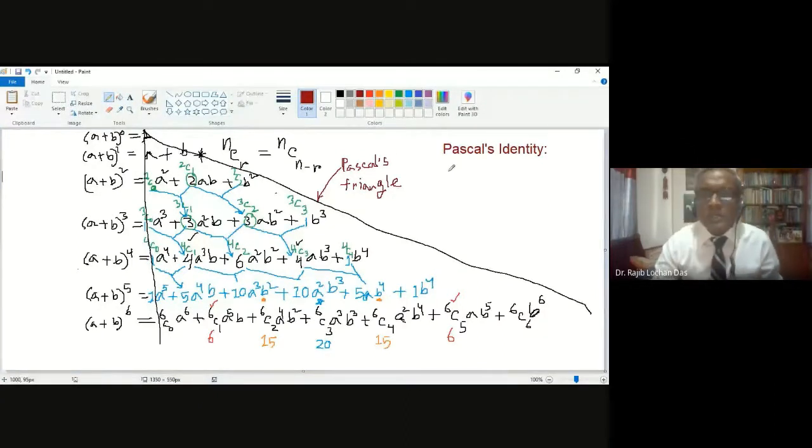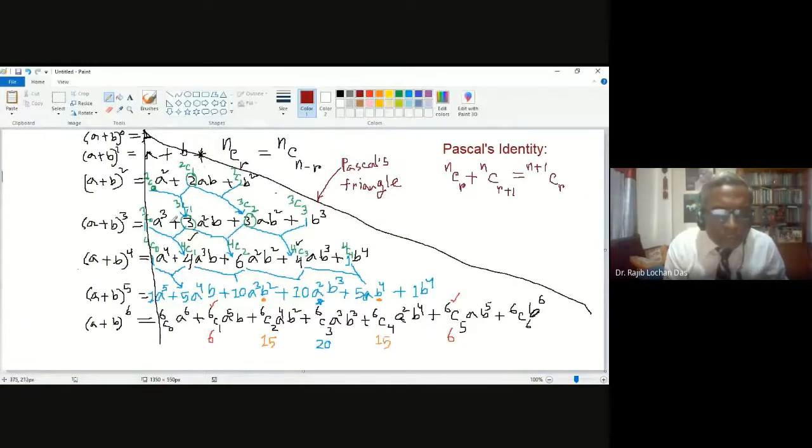Pascal's identity is nCr plus nC(r+1) is equal to (n+1)C(r+1).